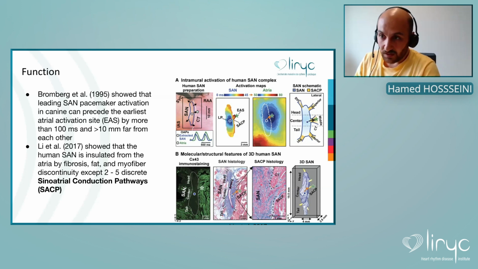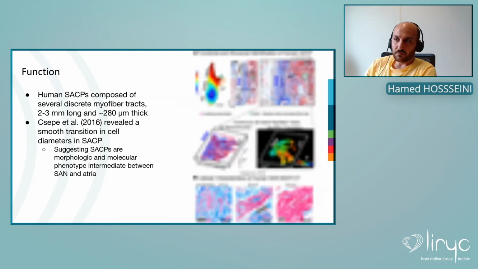The number of these conduction pathways is between 2 and 5, and except for these conduction pathways, the SA node is completely insulated from the other parts of the atrium.